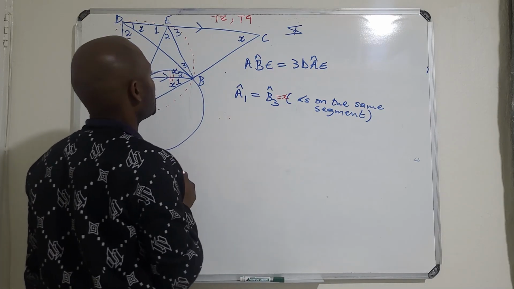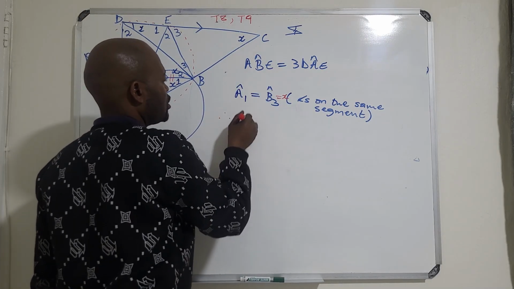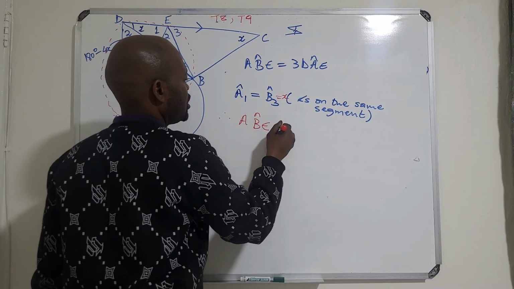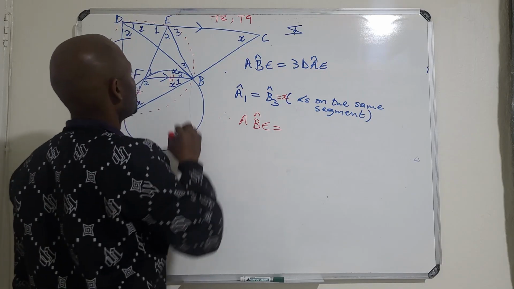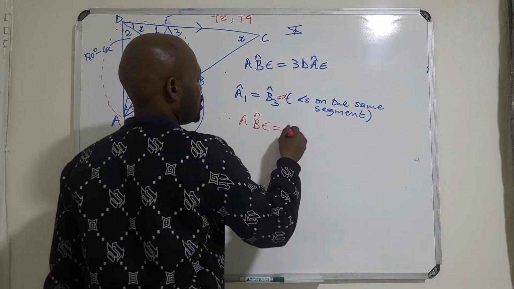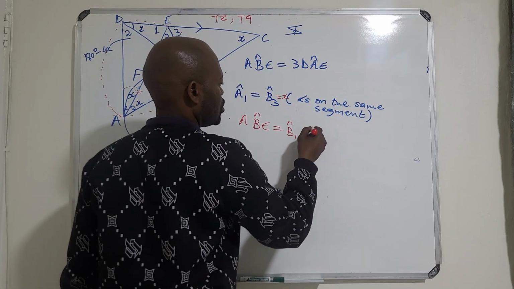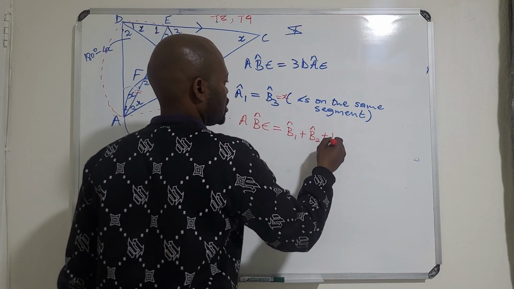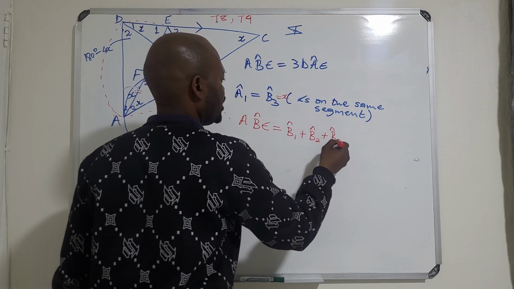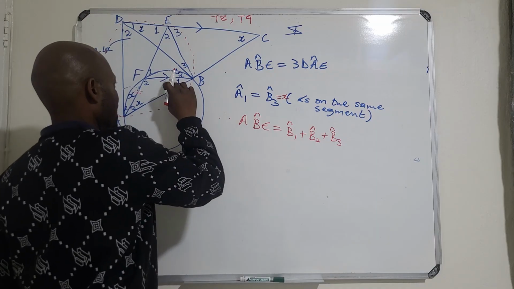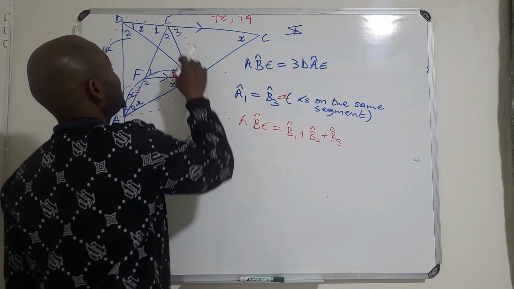Therefore, angle ABE is equal to angle B1 plus angle B2 plus angle B3.